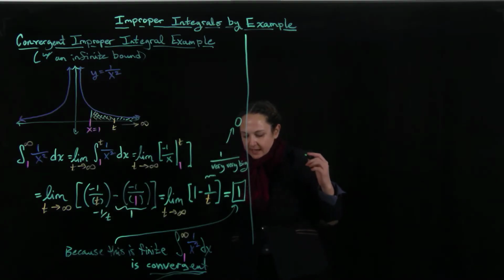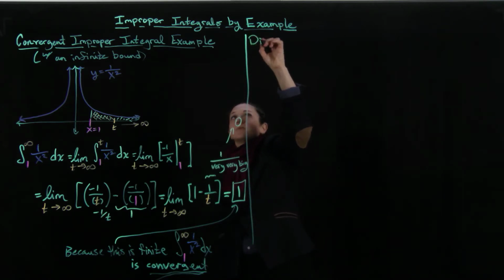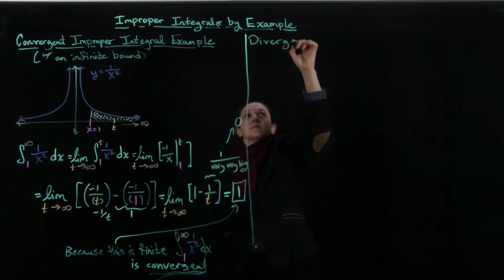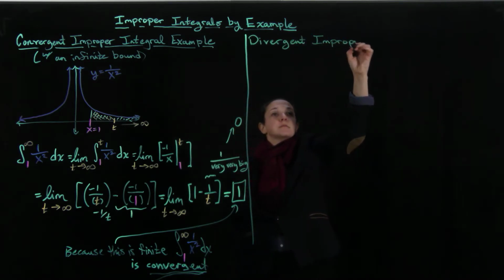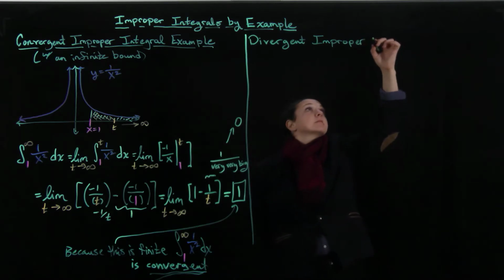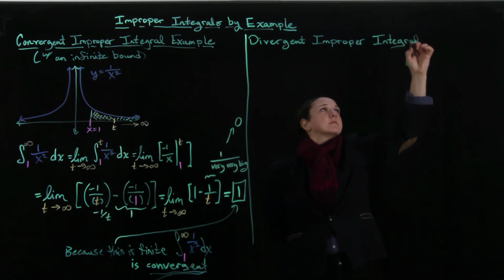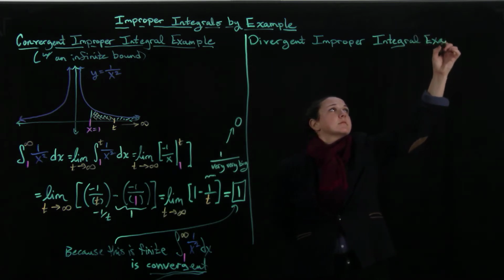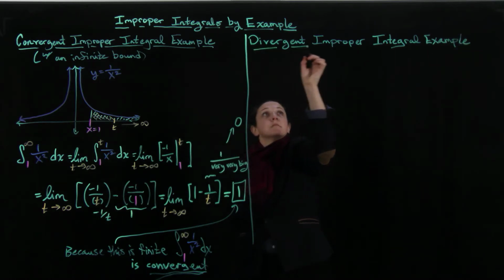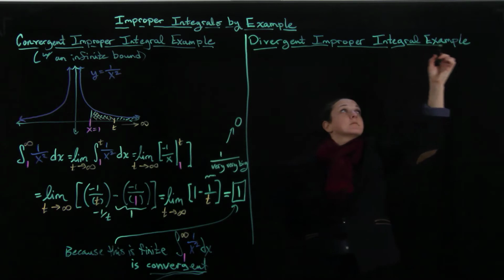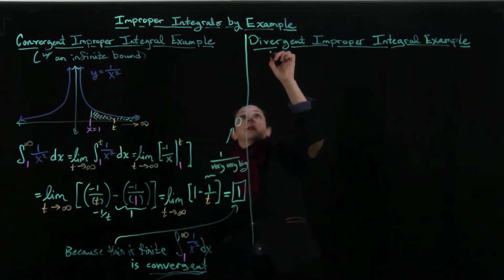So this is a divergent improper integral example, and this is with an infinite bound again.